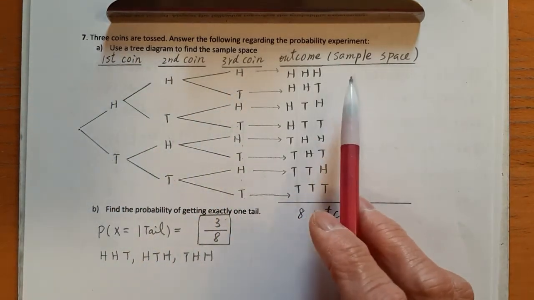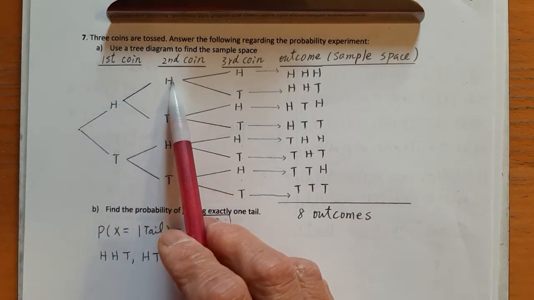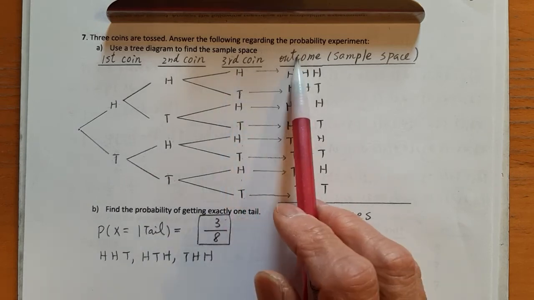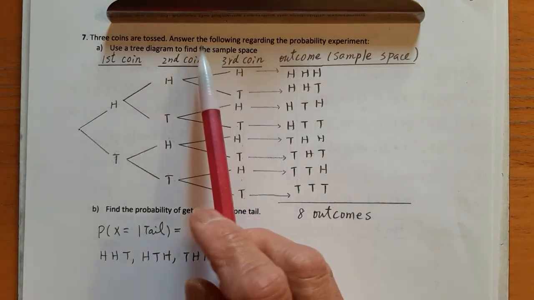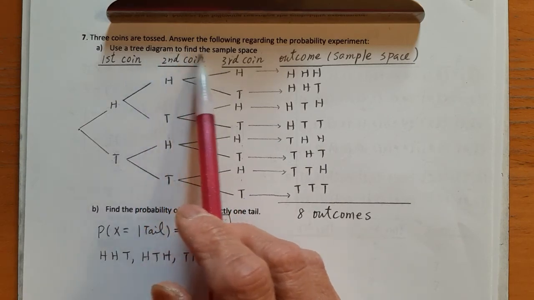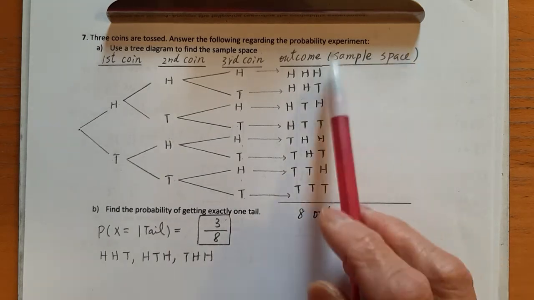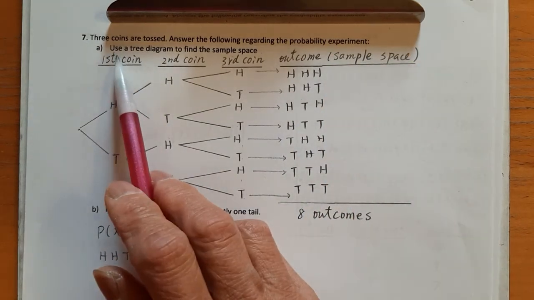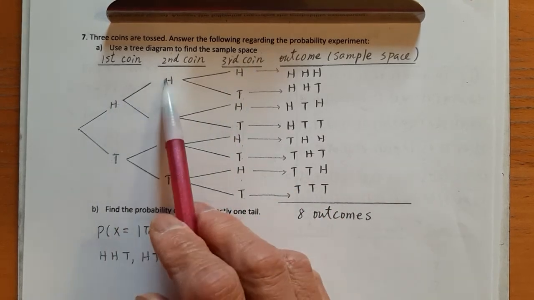So combination. First coin get head, second coin get head, third coin get head. That's the first outcome, head, head, head. Now, this question is find the sample space. Now, first coin head, second coin head, third coin tail. So head, head, tail.